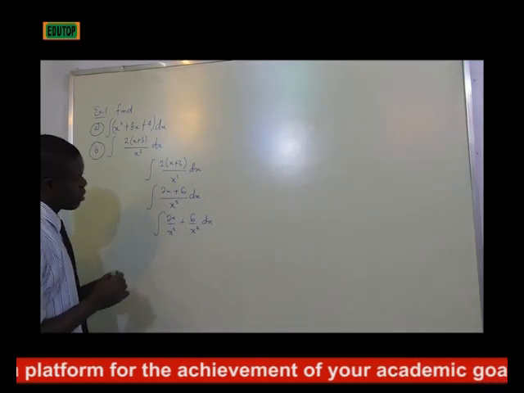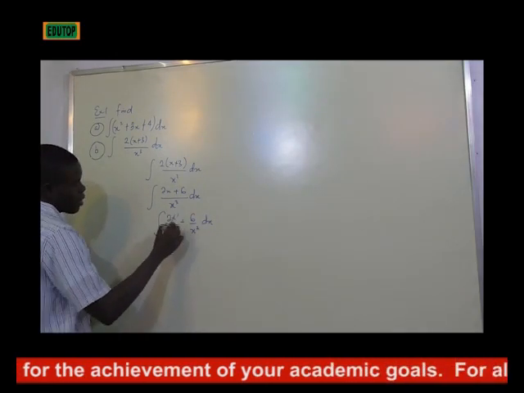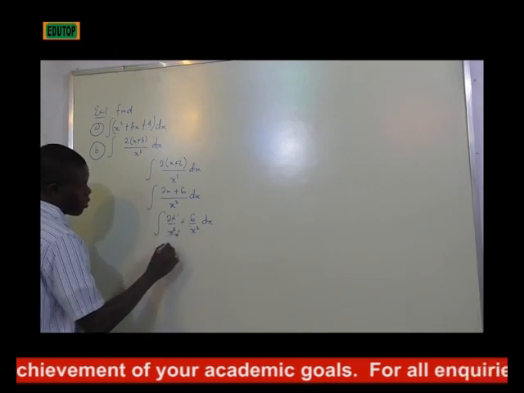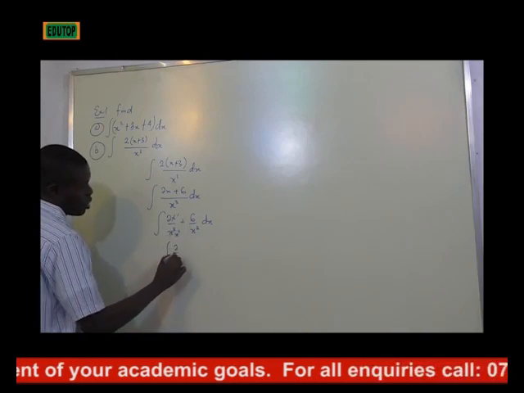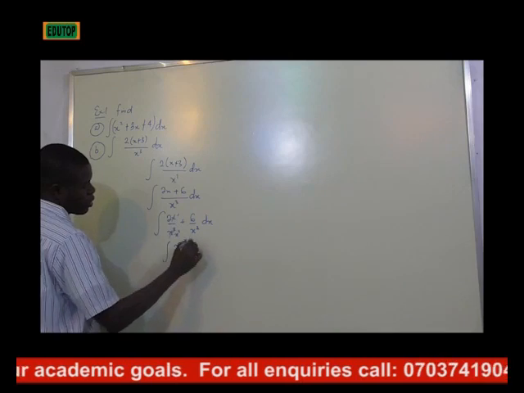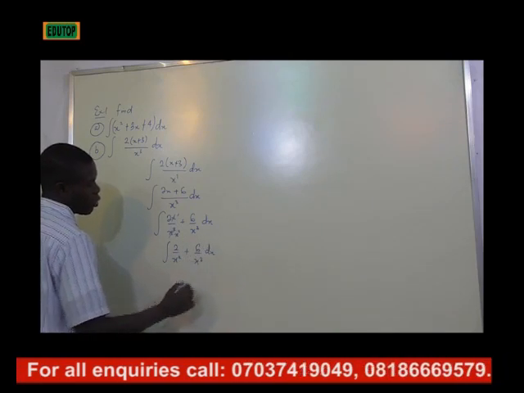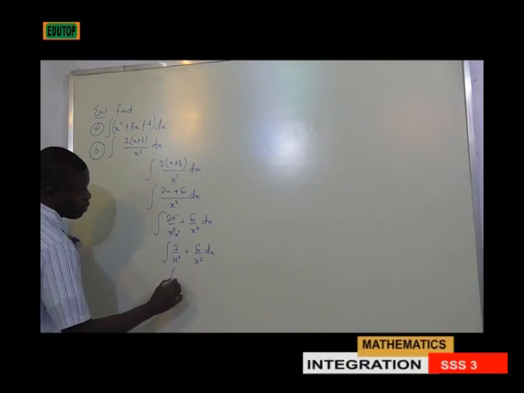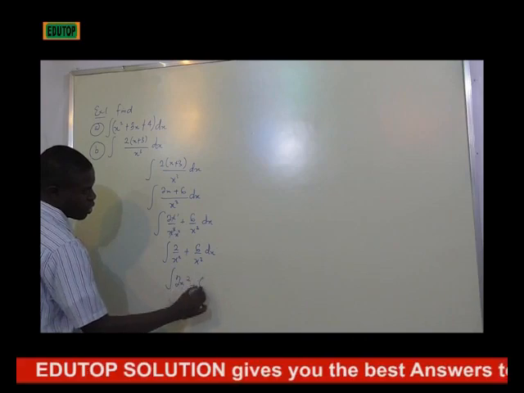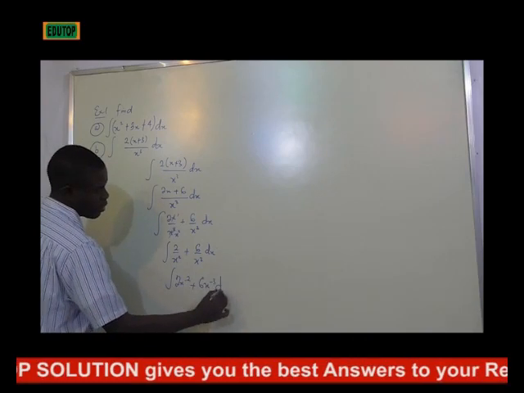Still the same. Then this x can cancel one x, so you have x squared. So automatically you have 2 over x squared plus 6 over x cubed dx. So this one can be written as the integral of 2x raised to the power minus 2 plus 6x raised to the power minus 3 dx.